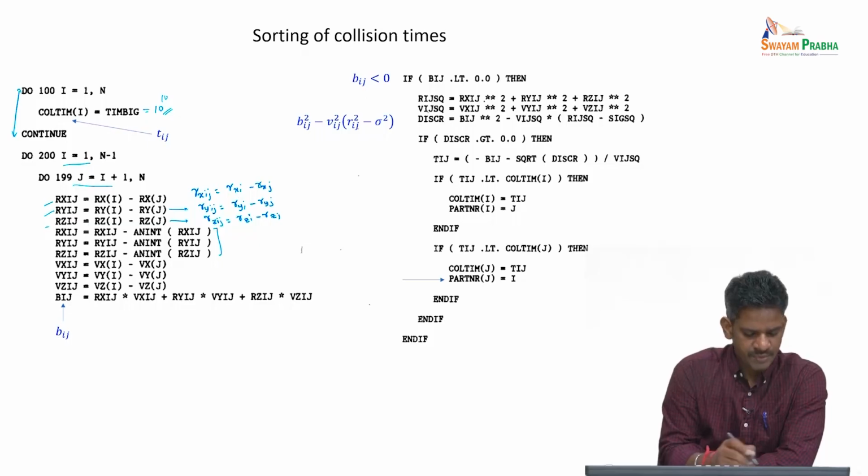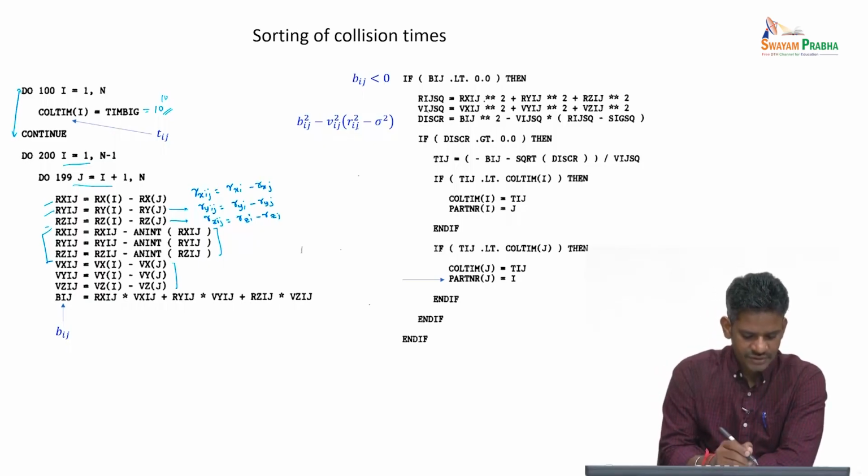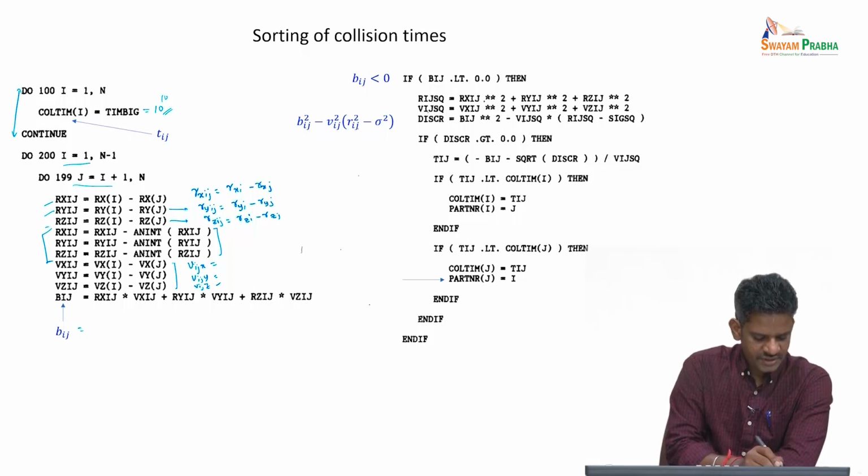And then we apply the minimum image convention, so that we find the nearest neighbor image, and we also calculate the velocities, that is Vijx, Vijy and Vijz. All that is obtained here, and then we calculate this parameter Bij, which is nothing but the dot product of Rij and Vij.